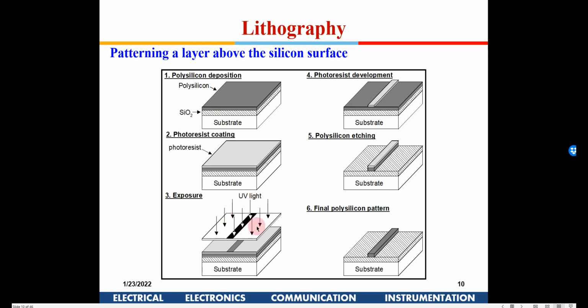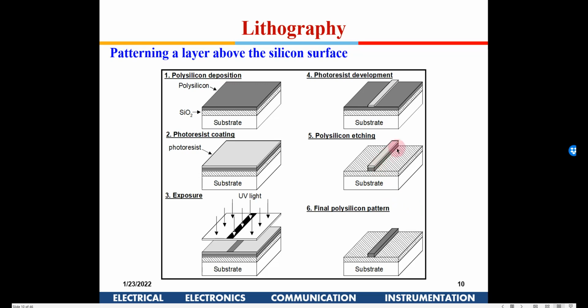Then you expose, remove the unwanted photoresist, and then you etch away the polysilicon. The photoresist protects my polysilicon wherever it is required. So the hardened photoresist should be available wherever polysilicon is finally required.